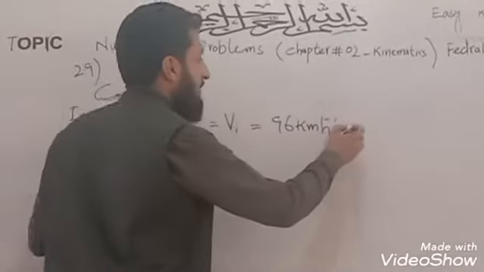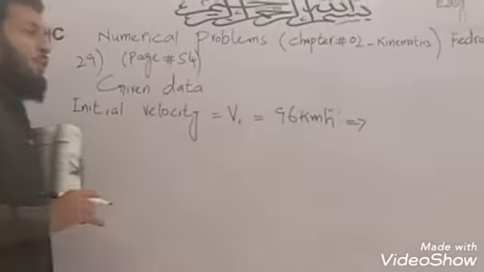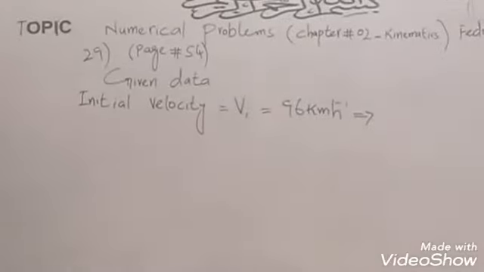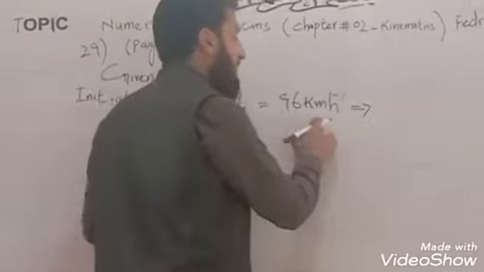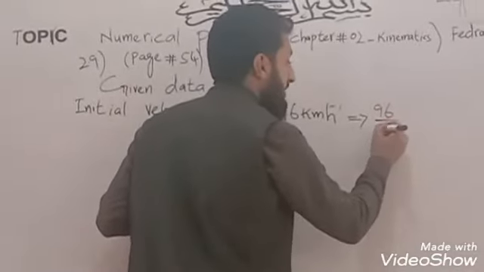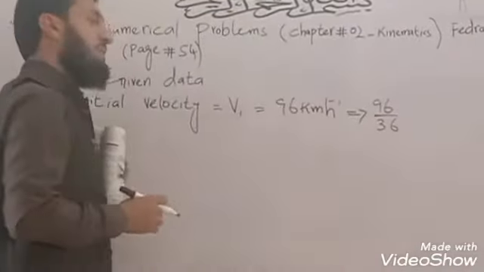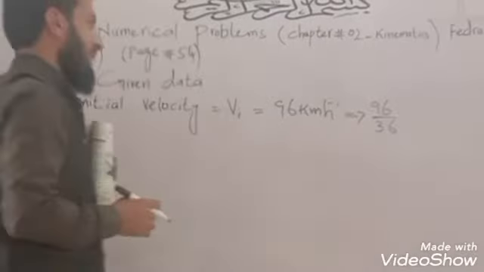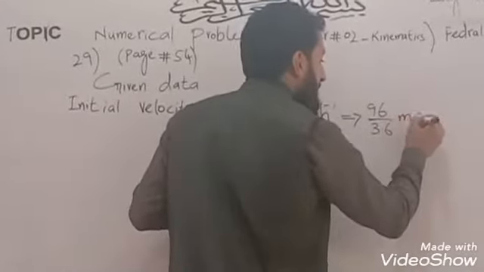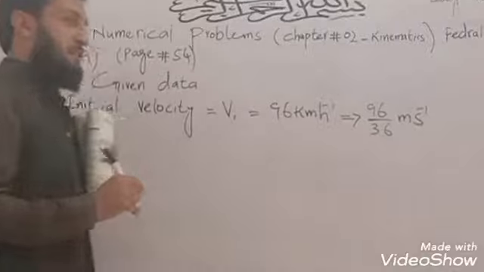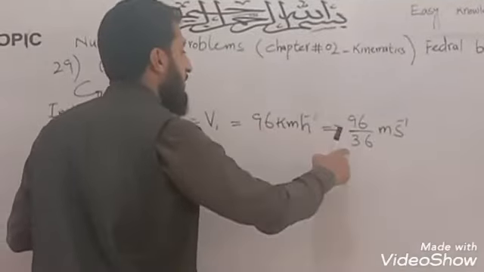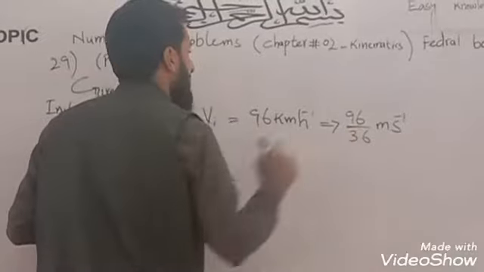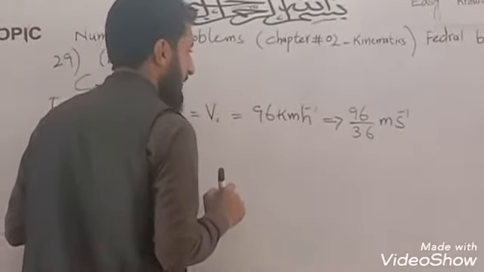For conversion, as we know that if we want to convert speed from kilometer per hour into meter per second, we will divide this value by 3.6, which is explained in our previous video. So here I will write meter per second. This is the simplest way for the conversion of kilometer per hour into meter per second. Divide this value just by 3.6, so you will get the speed in meter per second.